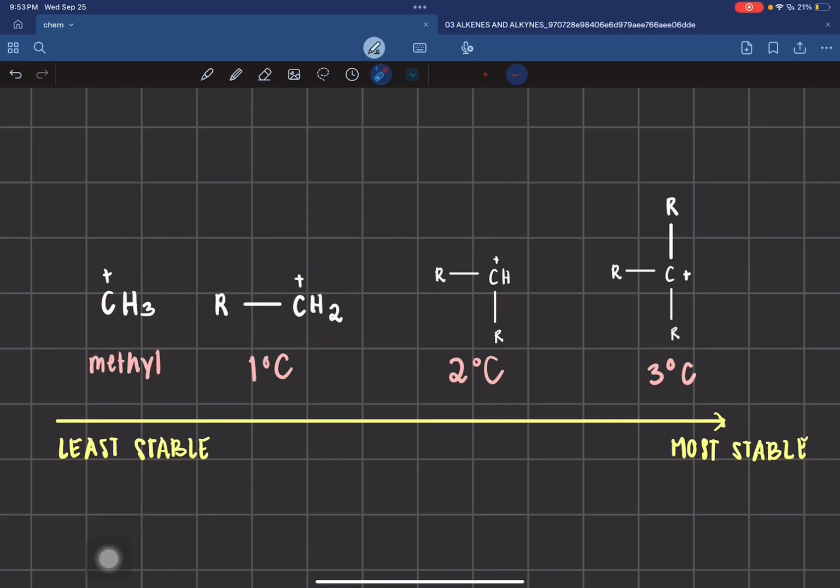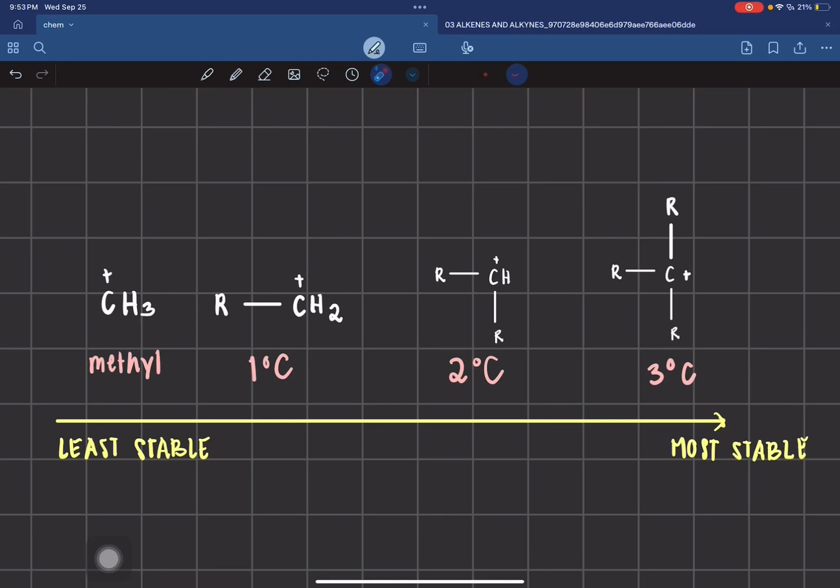So, following Markovnikov's rule, we know na yung electropositive na part nung polar reagent ay kumakabit sa carbocation with the most amount of hydrogens. Therefore, mas kumakabit siya sa mas mababang type of carbocation.